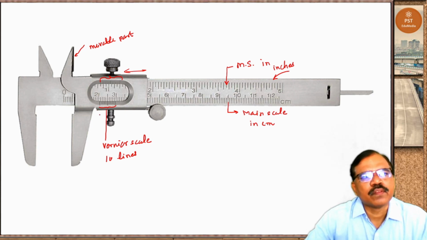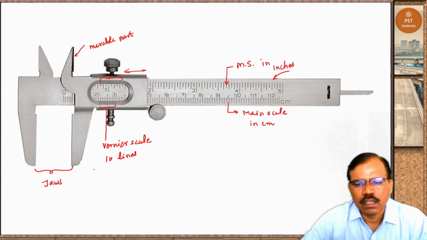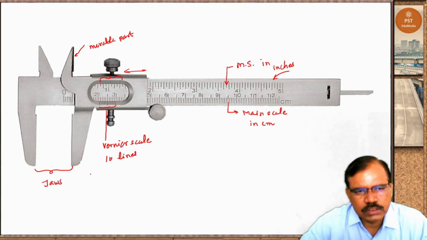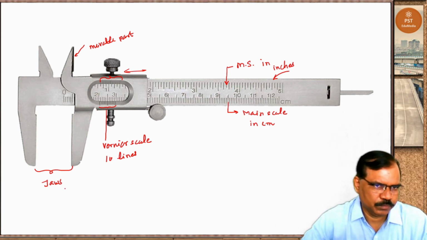Now let us see what this is. These are jaws. These jaws are used for measuring the outer dimensions.